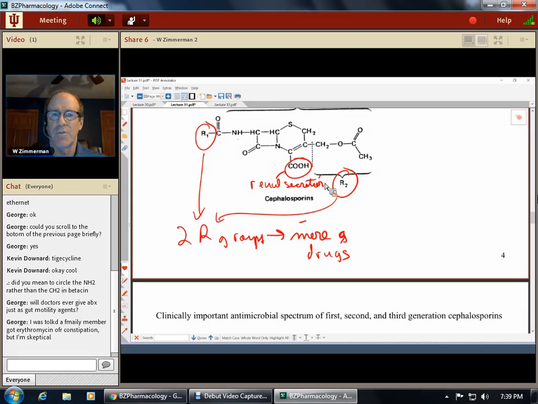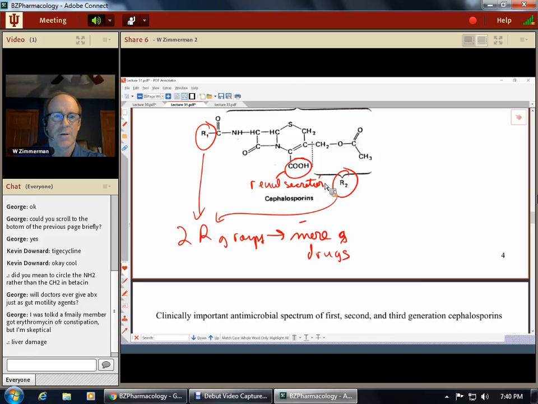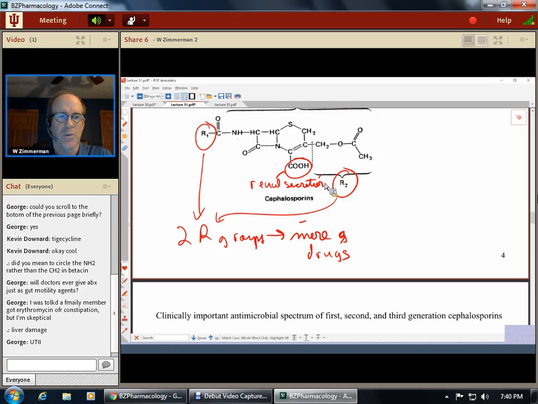But why would we want a drug to be renally excreted? No. Well, that's true. Yes. But I'm talking about not just glomerular filtration. Yeah, exactly.